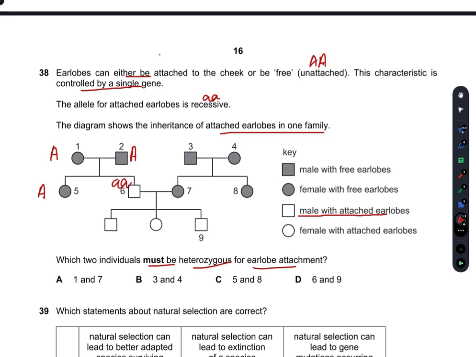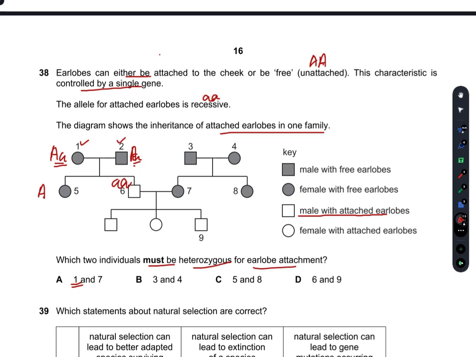So among one and two, one should definitely be heterozygous. Must be heterozygous. It can be one, it can be two. It can be one; no, two is not present in these options.